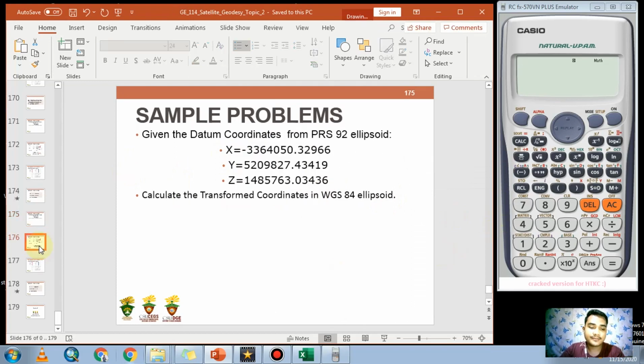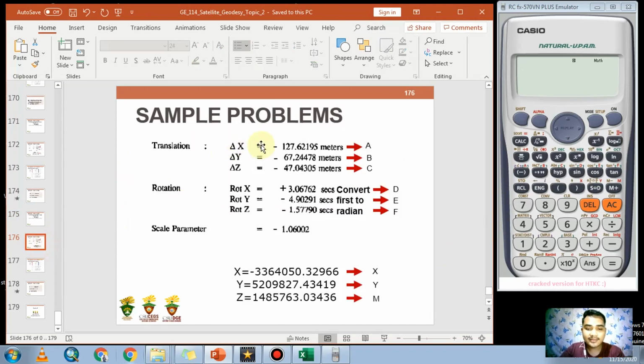To do that, no, again, so based sa ato ang discussion a while ago na pag vice versa, which is from PRS padulong na sa WGS, ma-change na ang iyahang sign, no, sa kaning mga parameters, the 7 parameters.